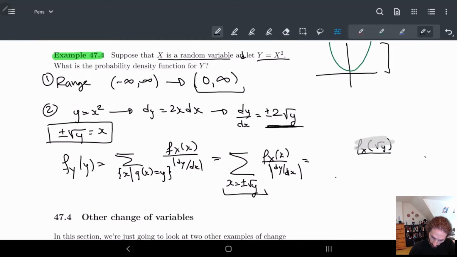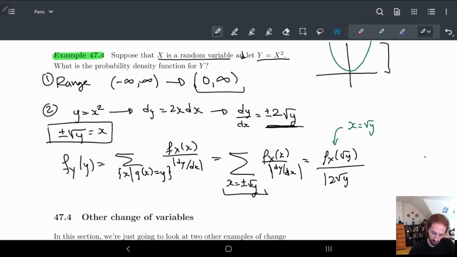Since we have the two options, what we're going to do is look at the two options individually. So here we'll look at x is equal to square root of y, the positive version. So what we have is f of x is equal to f of square root of y, I plug in x for y. And in this case, if I take the derivative, this derivative is going to be positive. So I end up with positive 2 square root of y, so I can just remove the absolute value here.